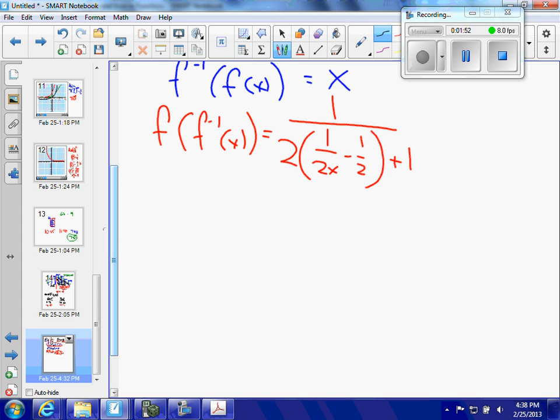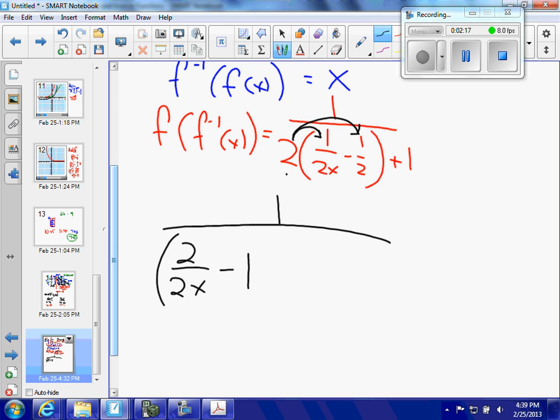Well, I think the first step would be to distribute my 2 to both the terms of this binomial. So I'm going to put that all over my 1 numerator. 2 times 1 over 2x is 2 over 2x. And 2 times negative 1/2 would be minus 1, plus 1.